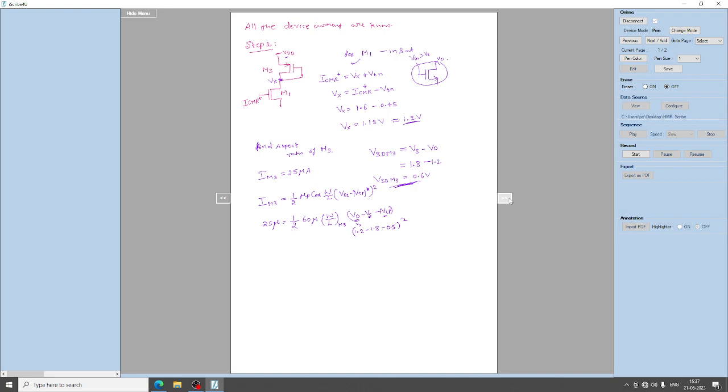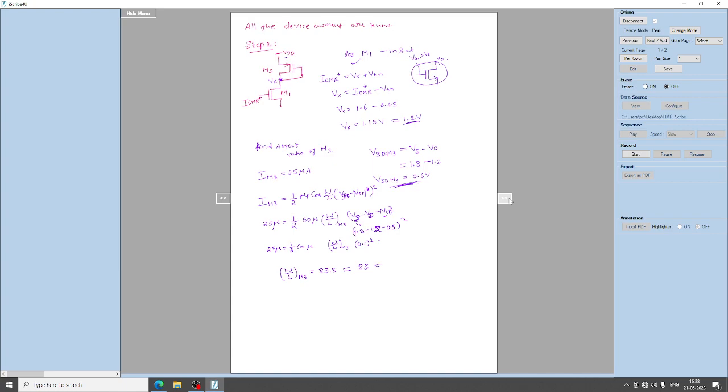So you get VSD, Vs minus Vd, 1.8 minus 1.2, whole square. W by L of M3 is then 25 micro over 60 micro, and by solving this you will find W by L of M3 as 83.3, which you can approximate to 83.